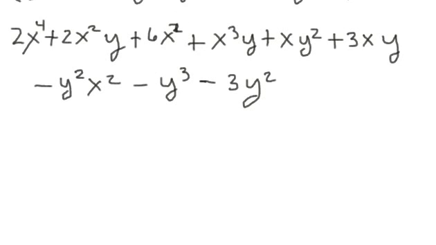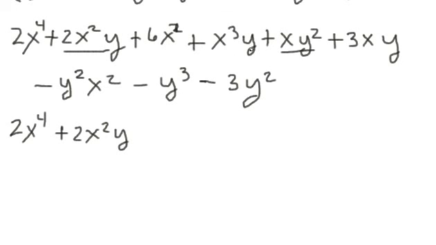Now we need to collect any like terms. Let's see, 2x to the 4th. This may not reduce down, but I'll rewrite it anyway. 2x squared y. Is there an x squared y? Yes, there is right here, and that's the only place. 2x squared y and x squared y, those aren't like terms. 6x squared, I don't see any like terms on that.